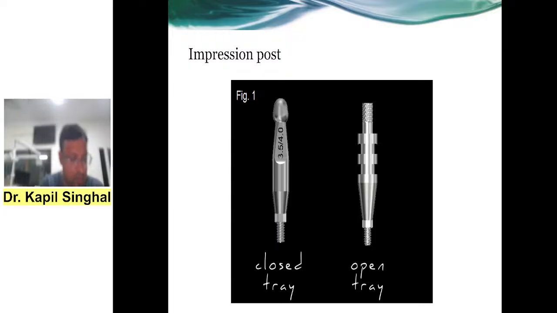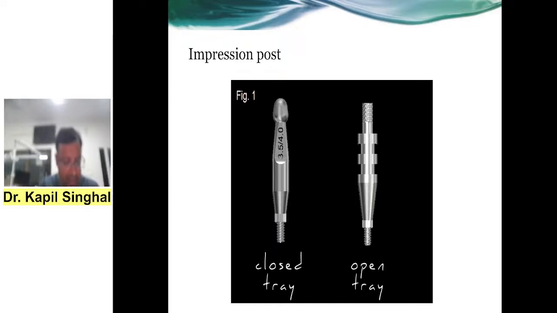So what do you think, which is more accurate, an open tray or a closed tray? In open tray, you don't have to manually transfer.